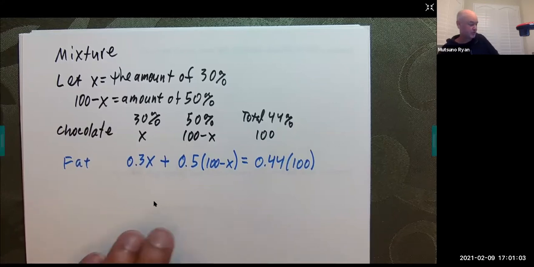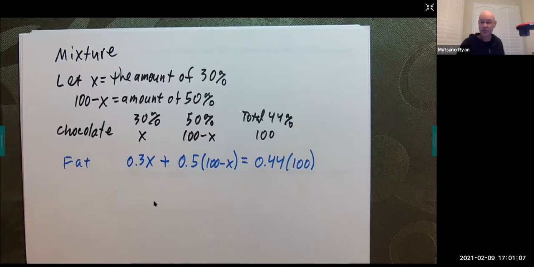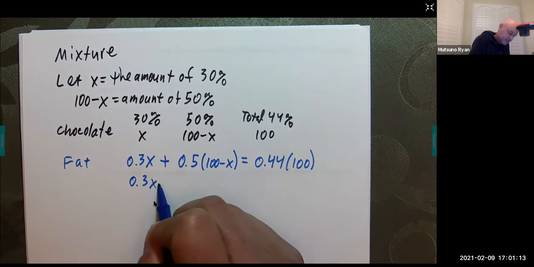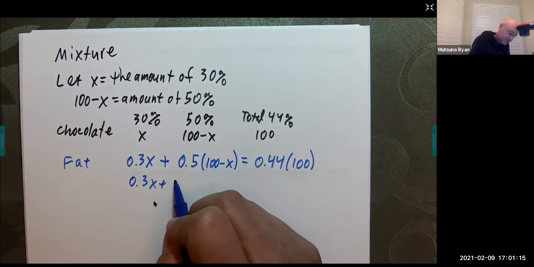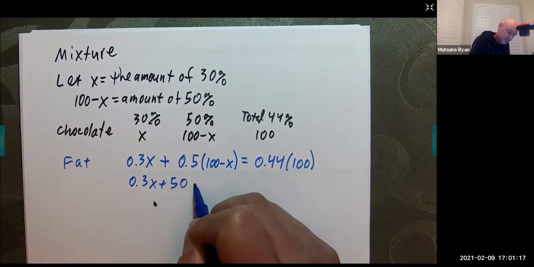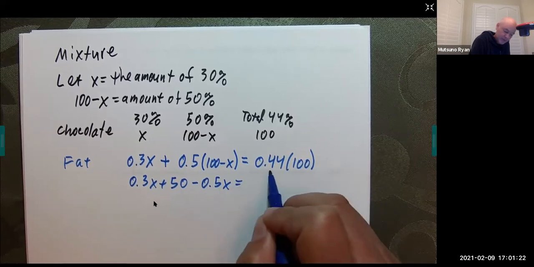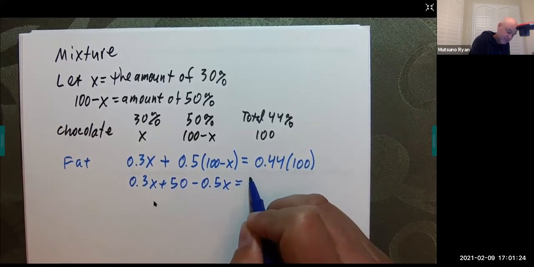A way to do this is you could multiply through by 100 to get rid of the decimals. I'm not going to do it that way. I'm just going to do it as is and use the calculator. So this is 0.3x plus 50% of 100 is 50. And 0.44 times 100 is just 44.